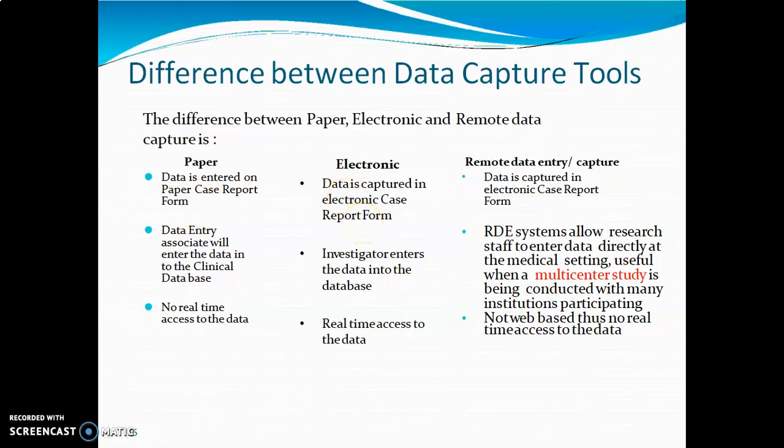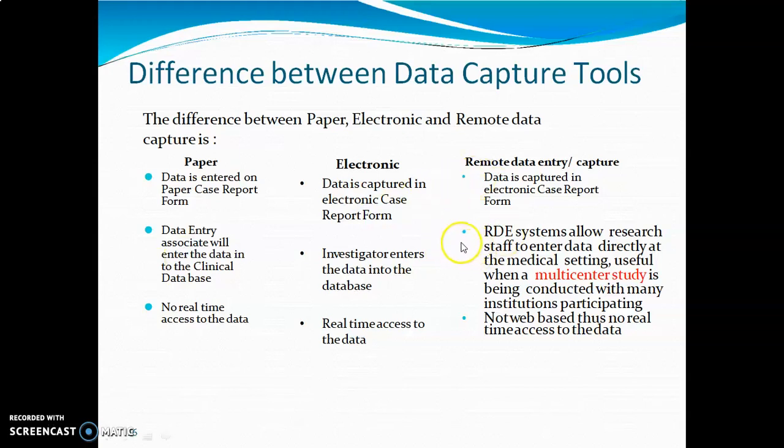In remote data entry capture, the data is captured in the electronic case report form itself. With paper, a data entry associate enters the data in the clinical database, whereas in electronic capture the investigator himself can enter it, because time reduction will happen. With paper, a separate data entry team enters it.